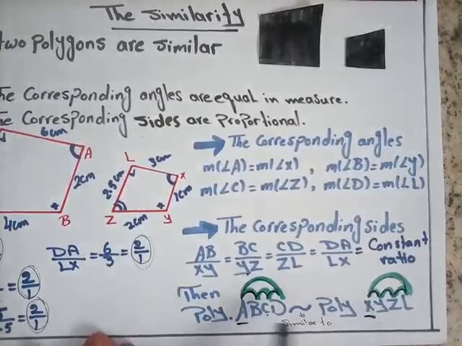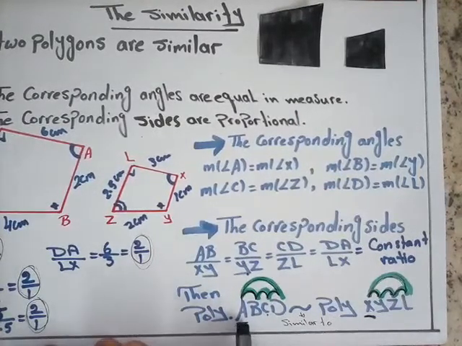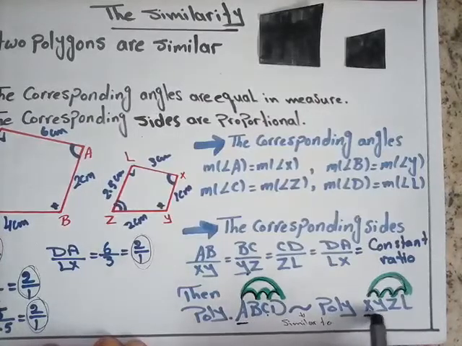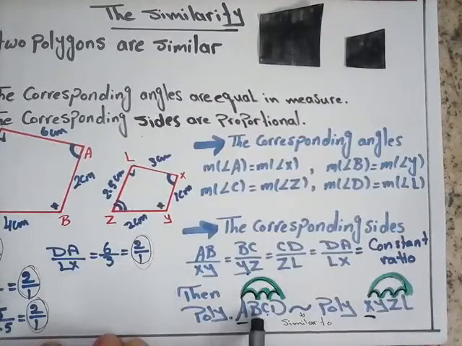It means if we start the name of the first polygon from A, we must start the second polygon with X, because A and X are corresponding. B corresponds to Y, C corresponds to Z, and D corresponds to L.